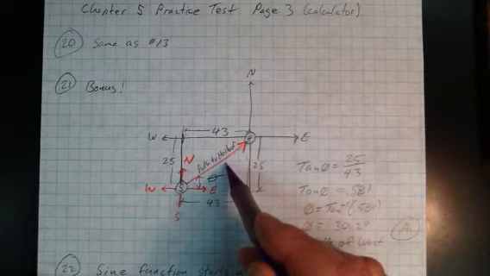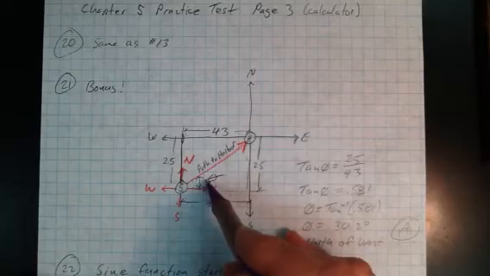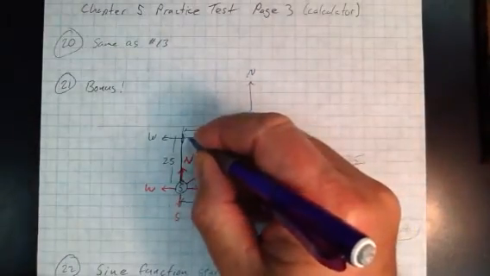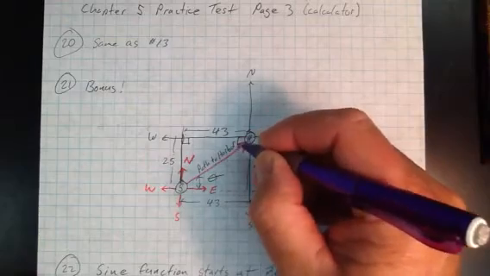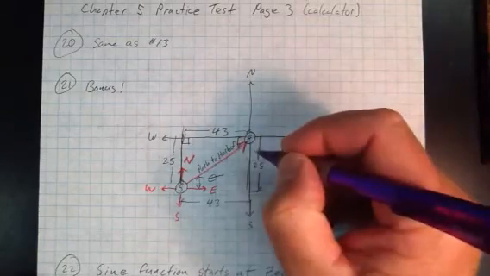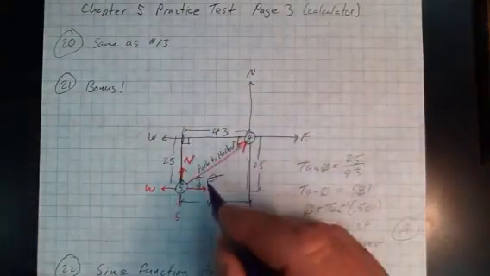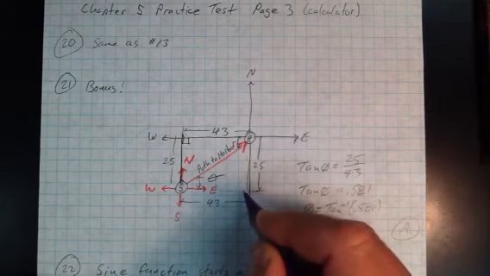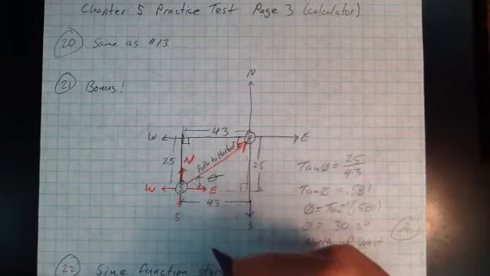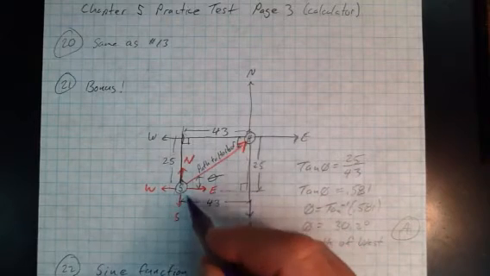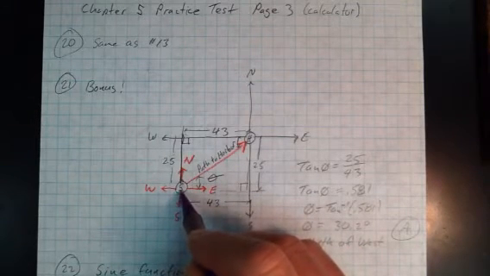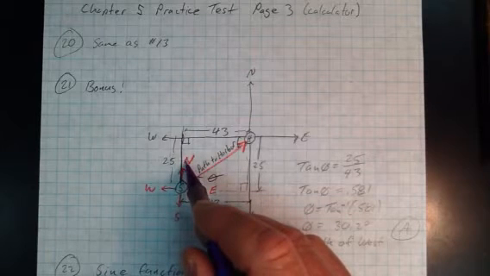But they don't want that. They want this angle theta. Well, I've got a right triangle here, and I could solve for this angle theta. That will work, but that angle theta is the same as this angle theta. This right triangle is the same as that right triangle. And that works out a little bit more convenient for me because here I am on the ship, and I have my compass on my ship.